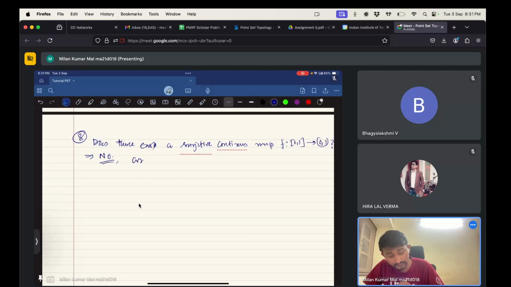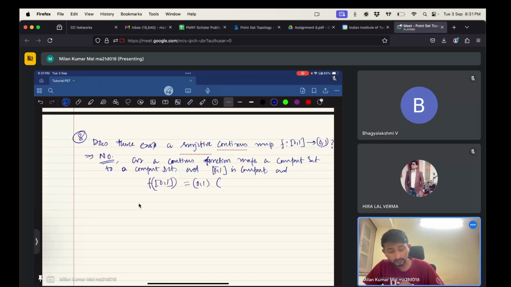Why? A continuous function maps a compact set to a compact set, and [0,1] is compact, and f of [0,1] equals the open interval (0,1). Why is this happening?